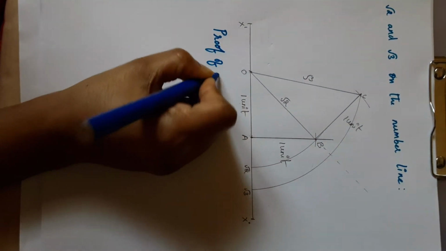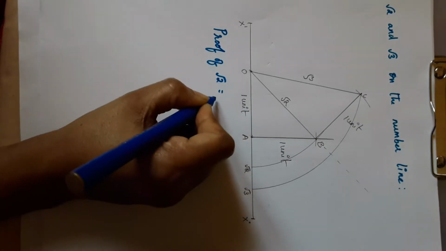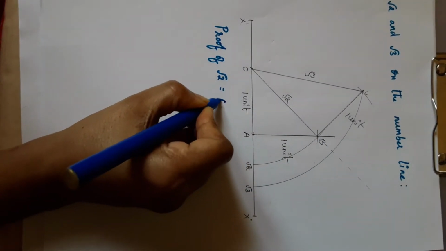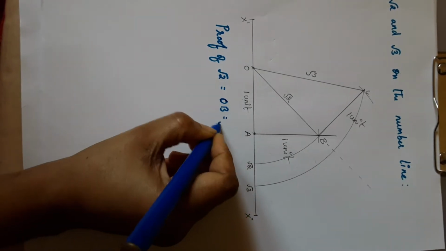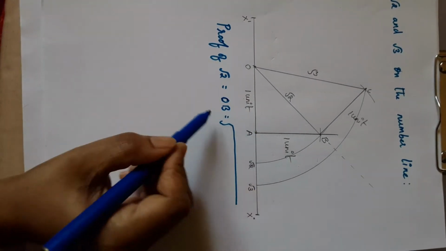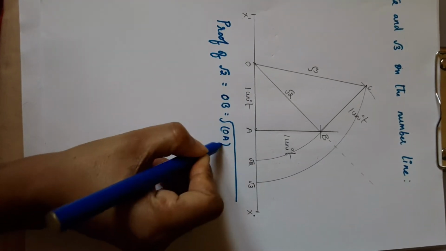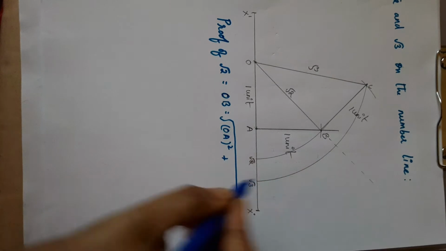Proof of root 2. OB is root 2. So OB is equal to, according to the Pythagoras theorem, we are writing this formula, OA whole square plus AB whole square.